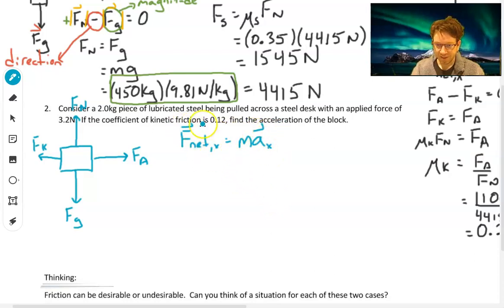All right, so how many forces are there in x? Well, we have 2: kinetic friction and applied force. So what I'll do is I will say this is our positive direction, and so I'll pull the direction quantities out of that. So we have applied forward minus kinetic forward instead of plus backwards equals mass times acceleration.